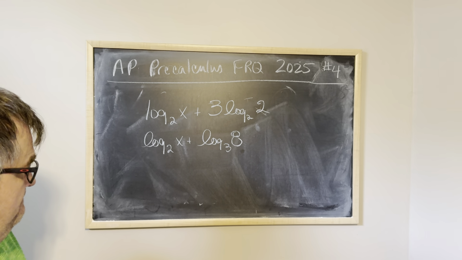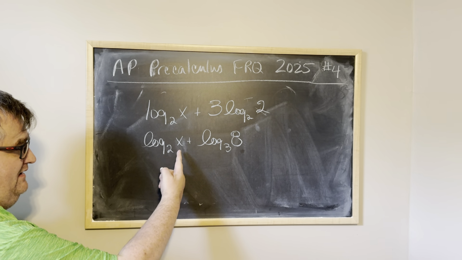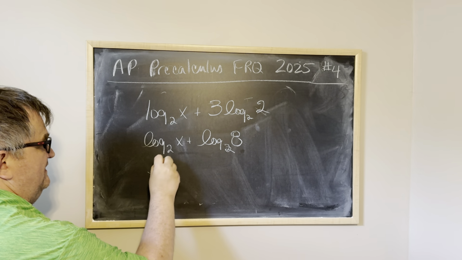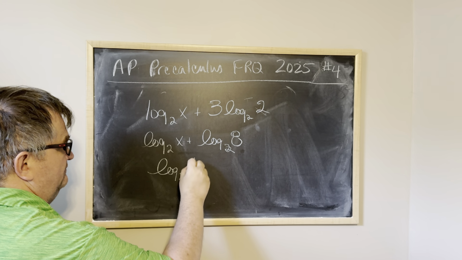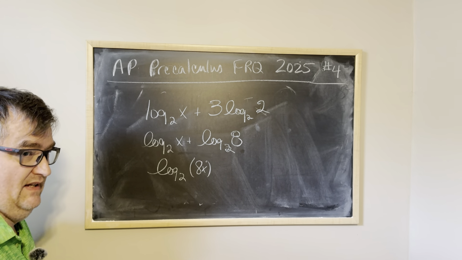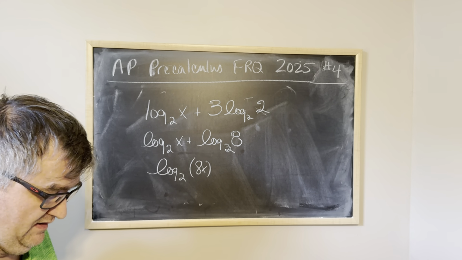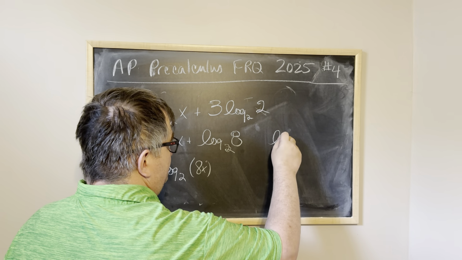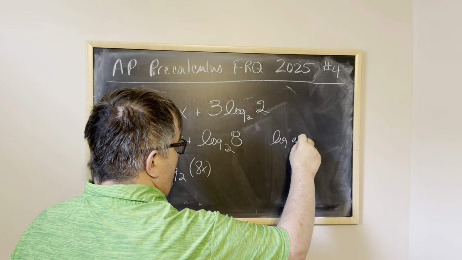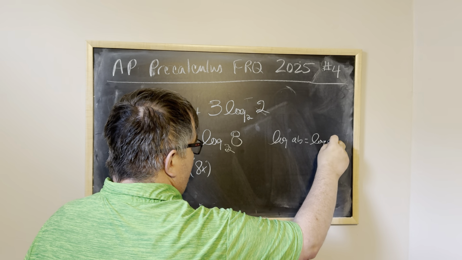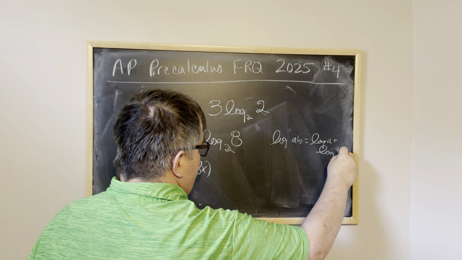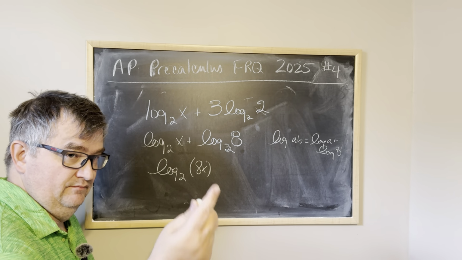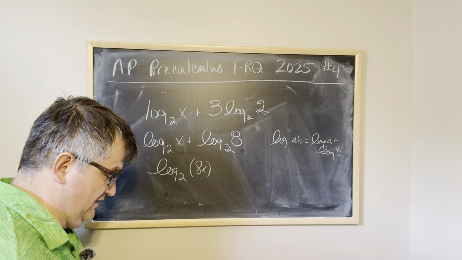Then, you can multiply. That's a 2. So this, and that is the answer. Log 2 of the quantity 8x. So here, you just have to know log AB is log A plus log B. You need to know that. And in the previous discussion about exponents and logs and how they're inverses.